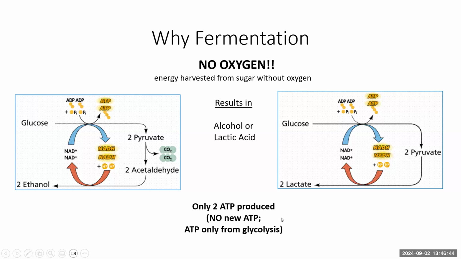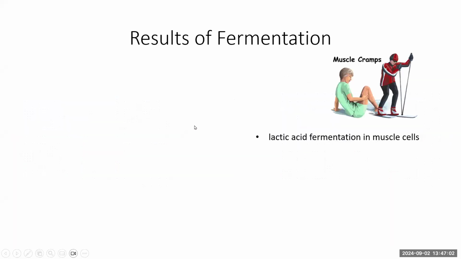So when the cell doesn't have oxygen, there's only 2 ATP produced for every glucose. There's no new ATP. The only ATP were the 2 produced from the process of glycolysis.